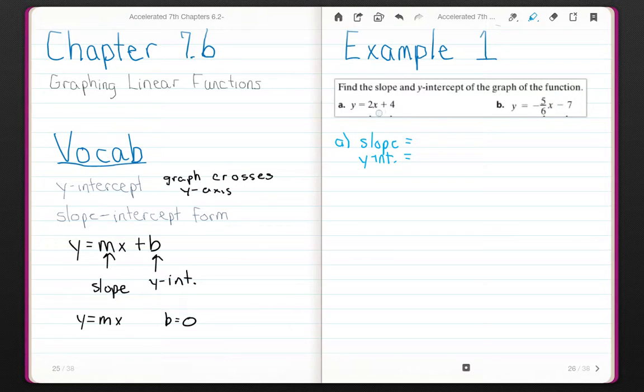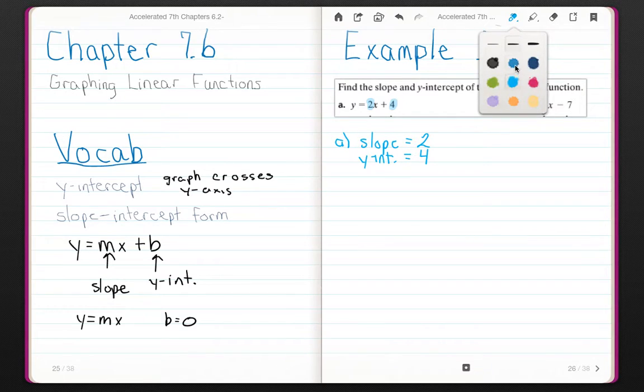Y equals 2x plus 4. Y equals mx plus b. So my slope equals 2. My y-intercept equals 4. And that's it. That's all we're looking for in this kind of problem.